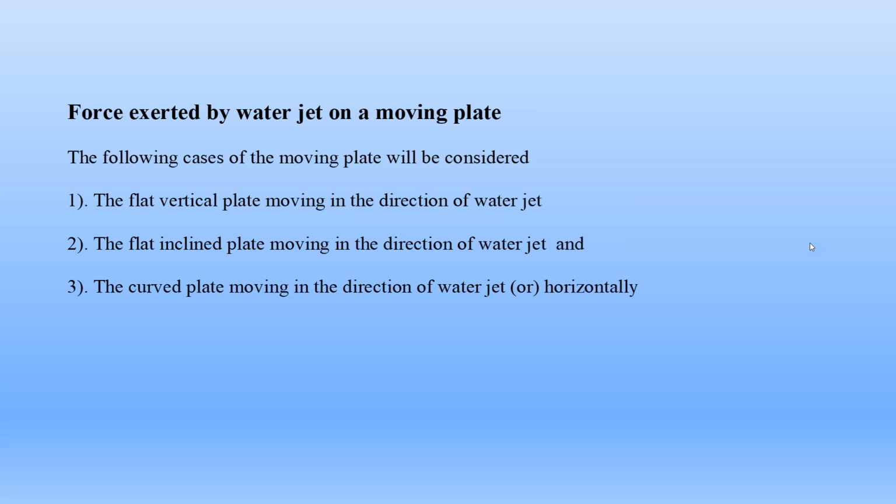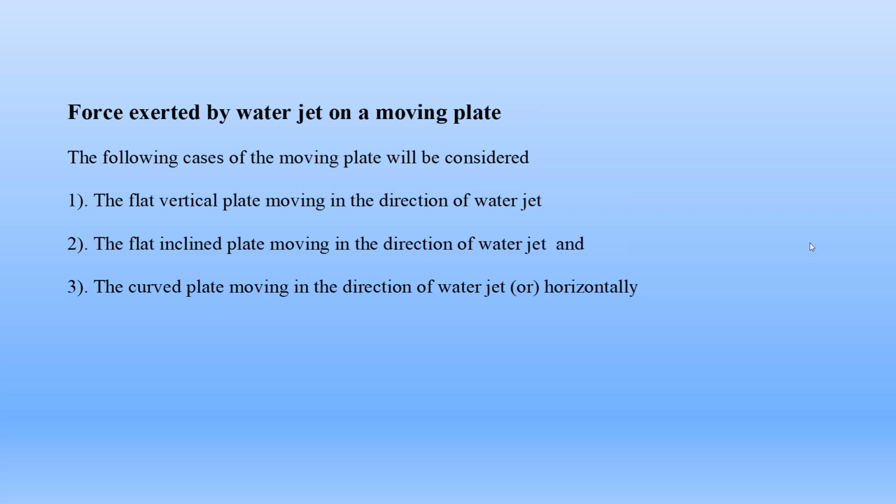The following cases of moving plate will be considered. The first one, the metal plate is a flat vertical metal plate, moving in the direction of the water jet. The metal plate is not stationary.